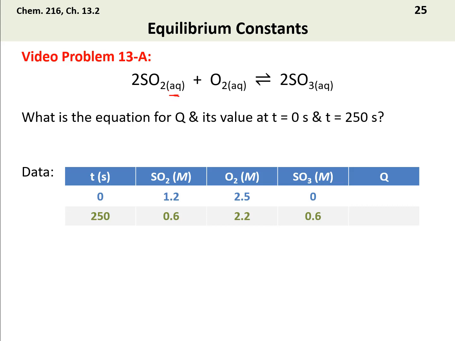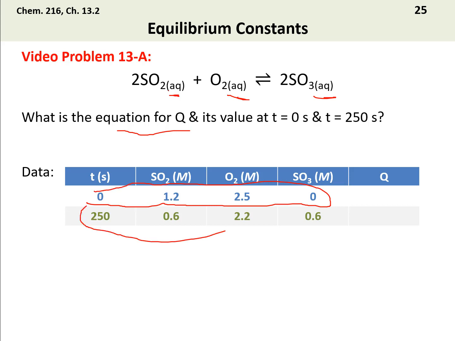We have an equation with 3 aqueous compounds, and we're going to use these to figure out our equation for Q. And then we have some data from time equals 0 and some data from later in a reaction. And we're going to have you guys calculate the values for Q. All right, so that's video problem 13A.